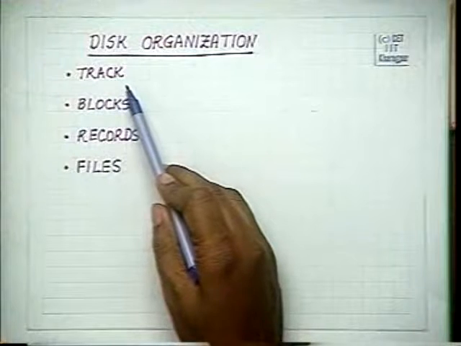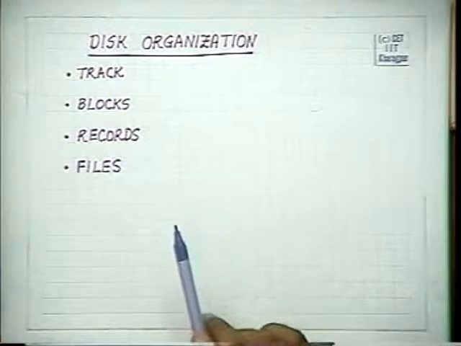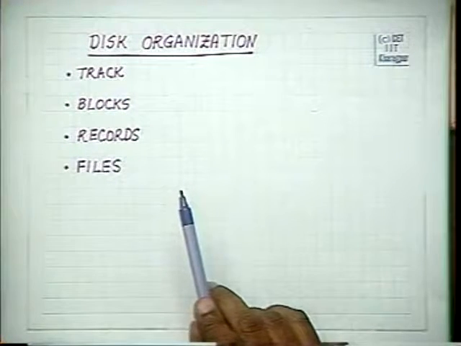Now we see how we organize the data on the disk. The basic unit, as we have seen, is a track. Once we position ourselves on the head, we have a track.